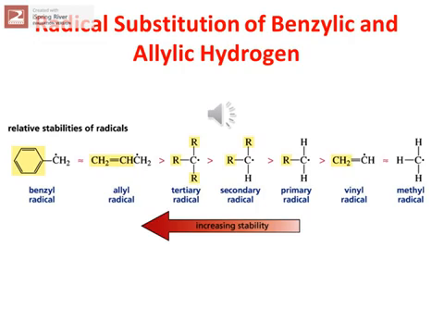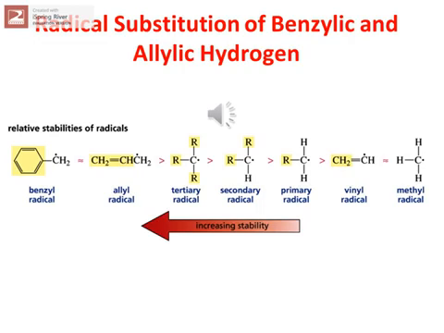As I have already informed you, the incorporation of an aromatic ring or an unsaturated bond next to the carbon bearing the unpaired electron increases its stability. Why do the aromatic ring or the double or triple bond increase the stability of radicals? The answer is resonance, the delocalization of the unpaired electron over the aromatic or unsaturated bonds, in addition to hyperconjugation.